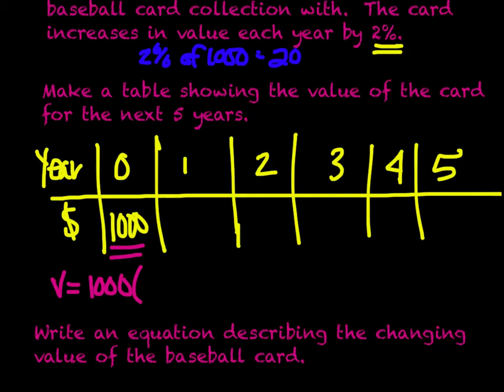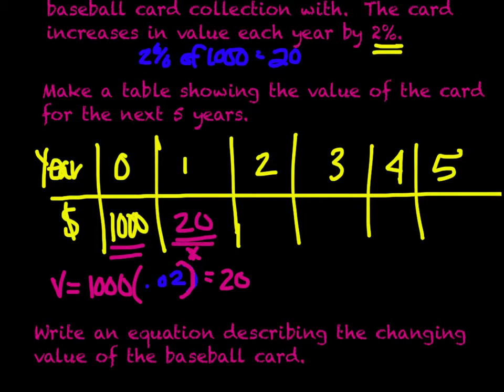So if we were to just say 1,000 times 0.02, what 2% equals as a decimal, we are going to end up with a very small number, just $20. And that's not how much the card is worth after a year. The card gains value of $20 each year.